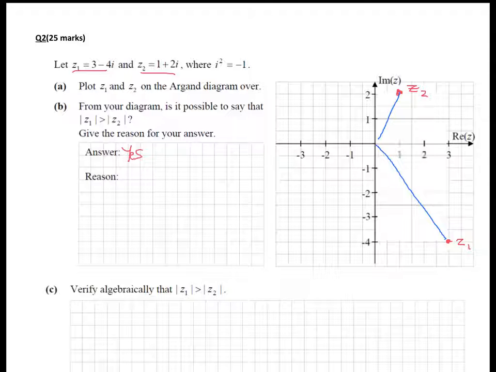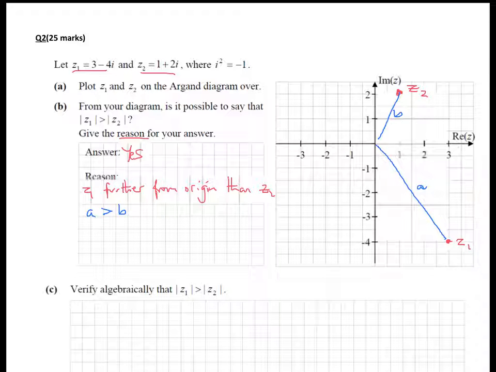Okay, so that's to answer the question, and we're asked to give a reason for the answer. Well, because Z1 is further away from the origin than Z2. We might describe it in terms of length. So if we call this length A and this length B, we can say that A is greater than B in length.